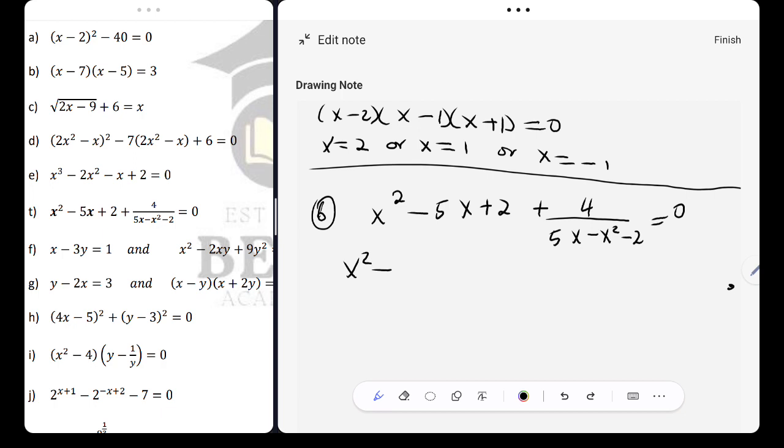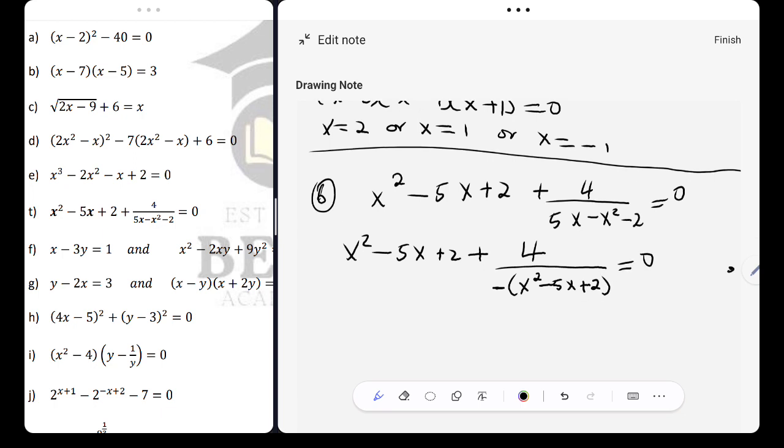So I'll have x squared minus 5x plus 2, and then at the denominator I can take out a negative value. Whenever I do so, the x squared becomes positive, the 5x becomes negative, the 2 is positive.